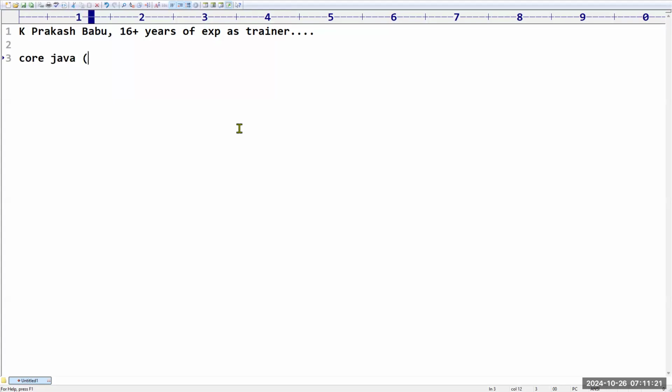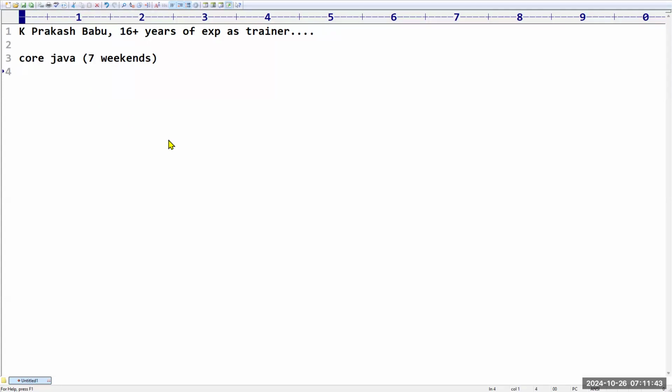Total, we are going to spend 7 weekends. It is a weekend batch. Only on Saturdays and Sundays we will have a session. So total, how many weekends are we going to spend? We are going to spend 7 weekends.